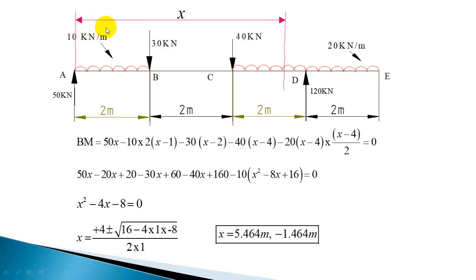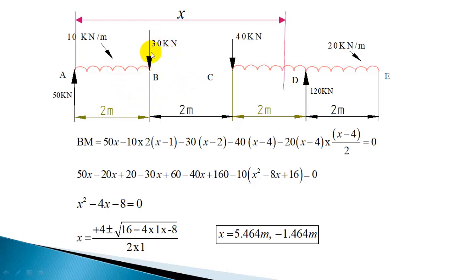From x you should subtract the location of the load from the left hand, that will give the distance of that load from the section. So 20 into x minus 1, so 20 is the load, x minus 1 is the distance, and that will produce a negative moment.